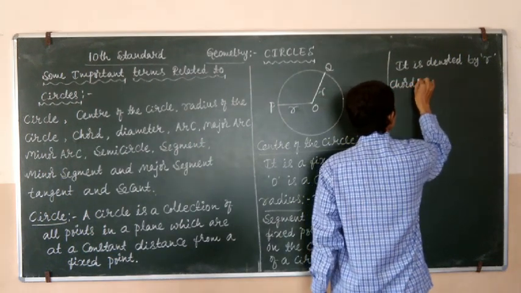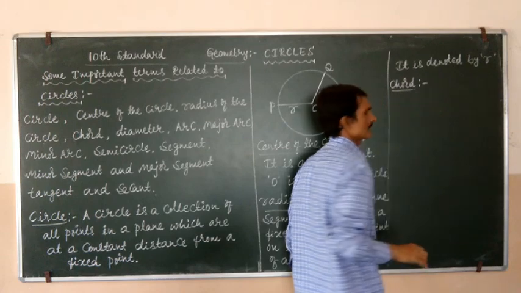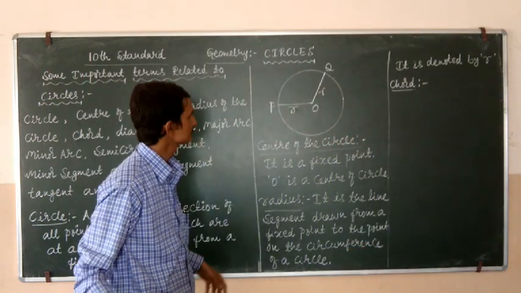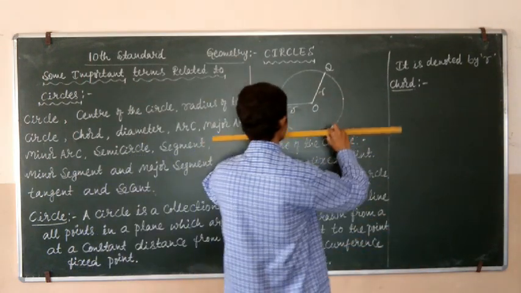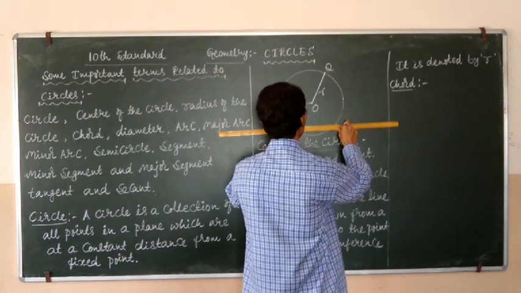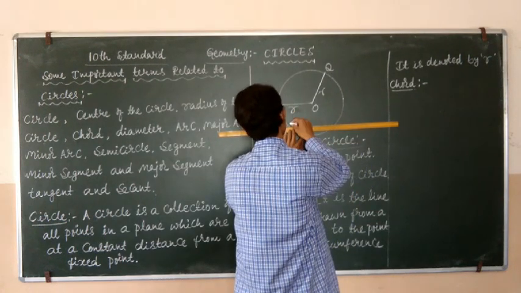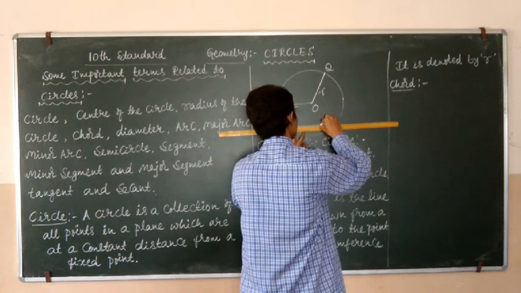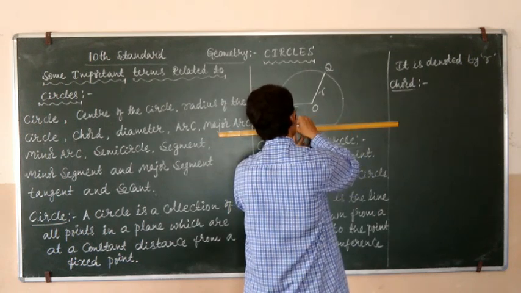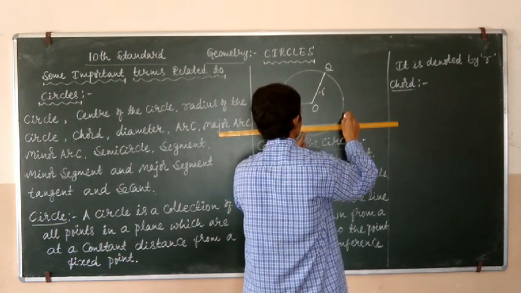The next important term of the circle is the chord. Students, a chord means if you join any two points on the circumference of a circle.